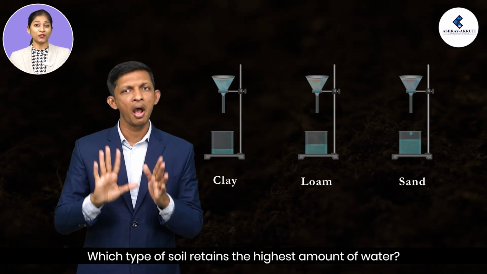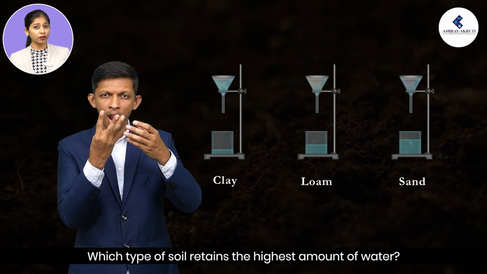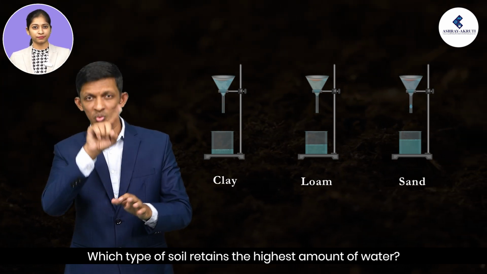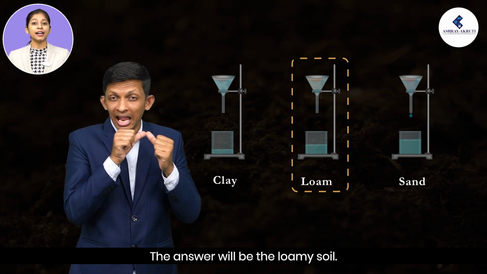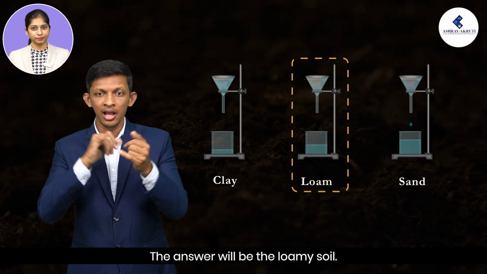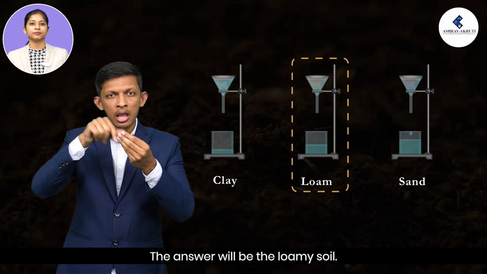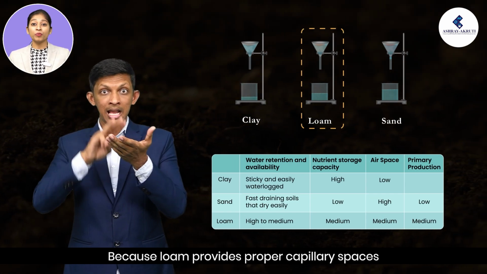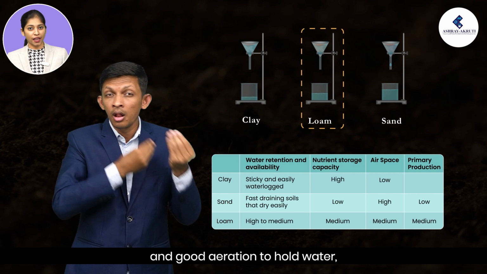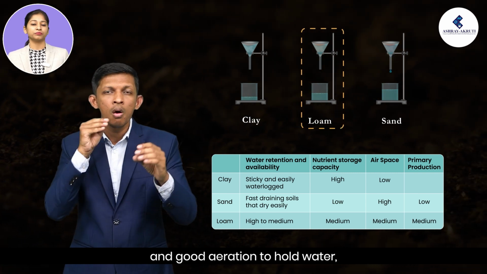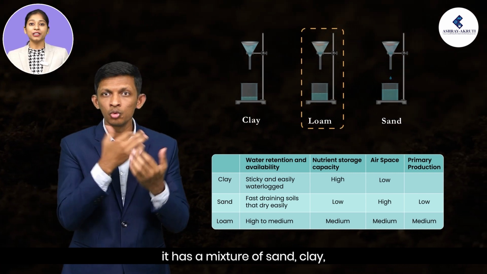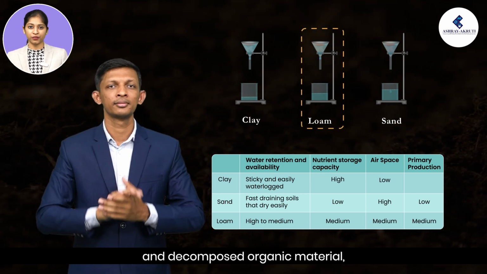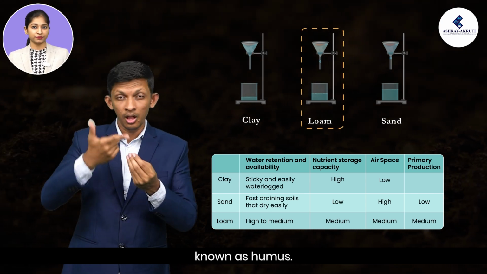Which type of soil retains the highest amount of water? The answer will be the loamy soil, because loam provides proper capillary spaces and good aeration to hold water. It has a mixture of sand, clay, and decomposed organic material known as humus.